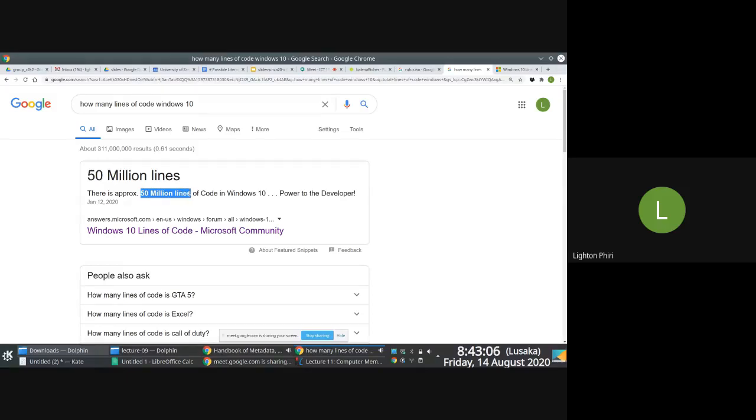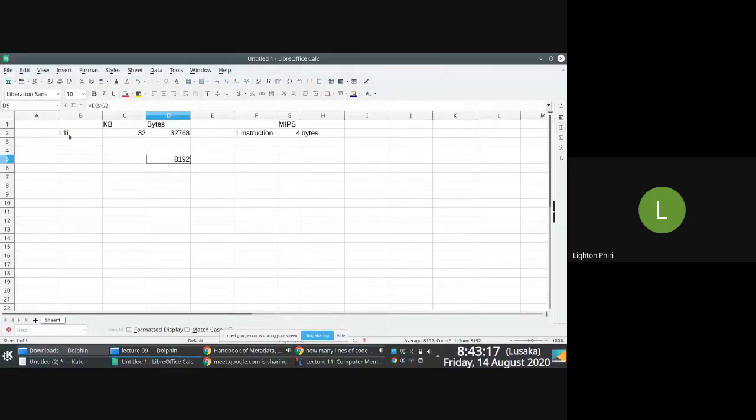But in fact, even if we were to say these 50 million lines of code is equivalent to the number of machine code instructions, if you compare these 50 million lines of code with my L1I cache, which can only cache 8,192 instructions, you notice that what is being cached here is just a fraction of those 50 million lines of code.